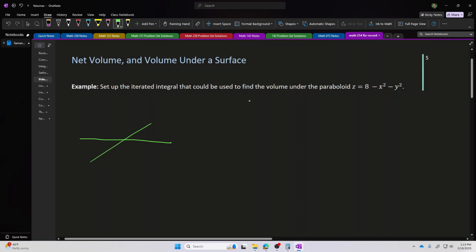So let me go ahead and sketch a drawing of this situation. Just a very rough drawing in 3D space. And maybe the drawing will help me to understand a little bit about what the region R should be in the XY plane. So rough sketch of a paraboloid starting at z equals 8 and coming down from there in all directions.